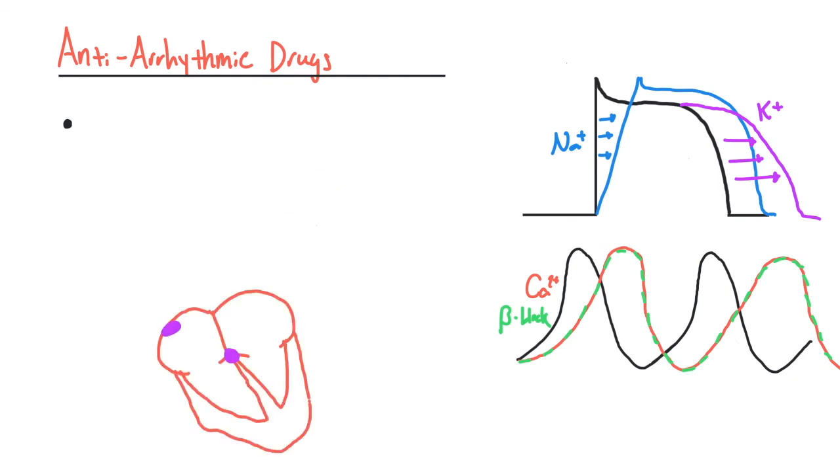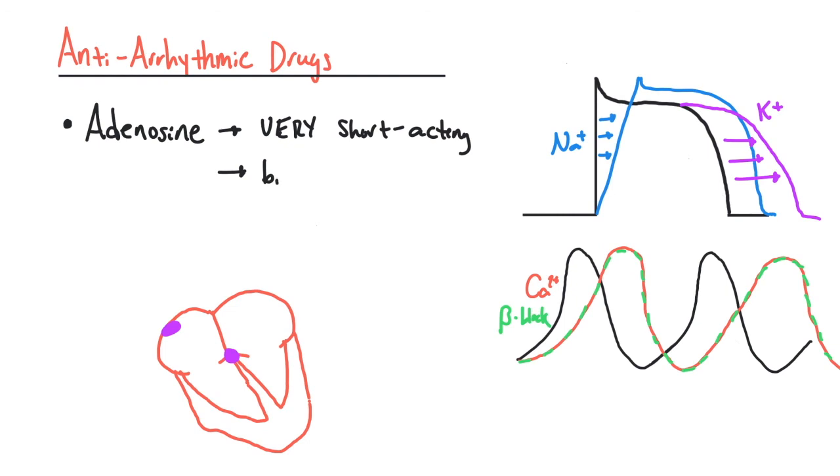And our final agent that we'll talk about today is adenosine. This agent is very short-acting, and I do not expect you to know all of the mechanism in depth, but in general, it binds to adenosine A1 receptors.